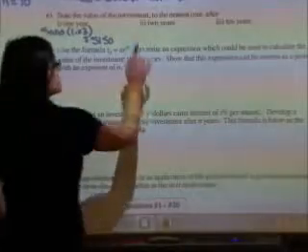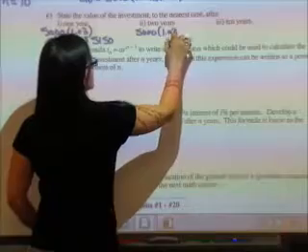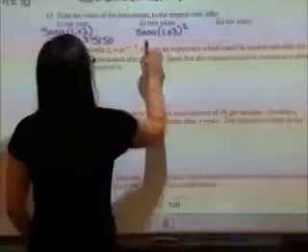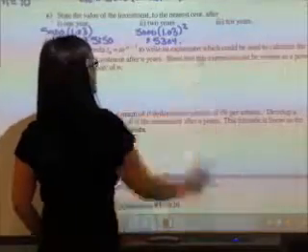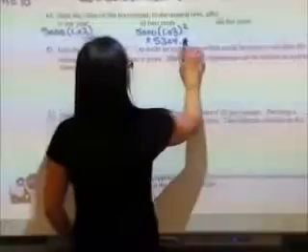After 2 years, I would multiply it by 1.03 again. Or I could go 5,000 times 1.03 squared. $5,304.50.